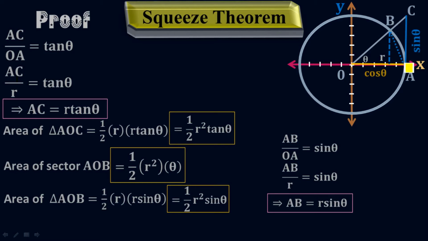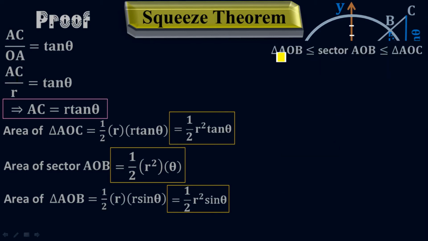Why is sector AOB greater than triangle AOB? Because the sector is this curve part, this gray curve part. This is the extra region, which is greater than triangle AOB but less than triangle AOC. So I hope you got it now.